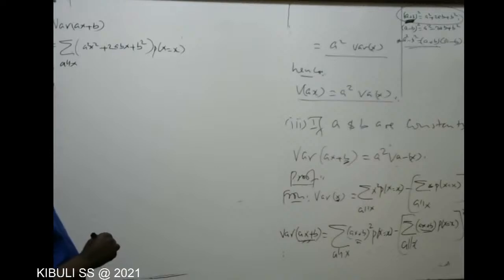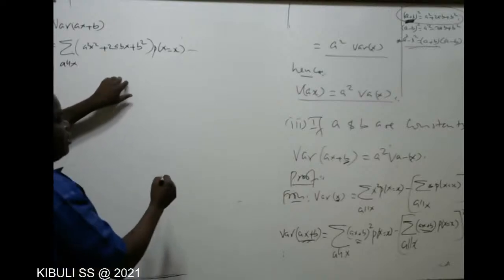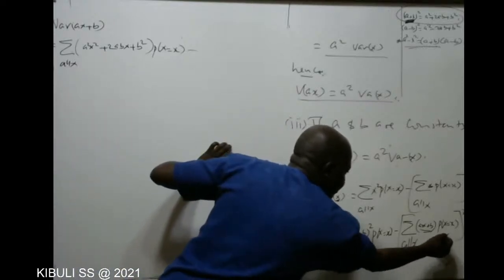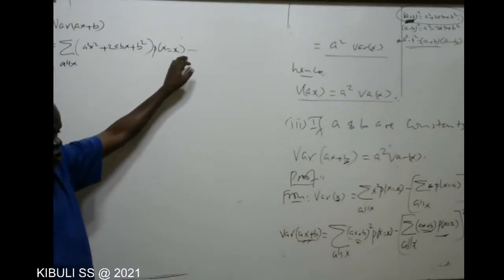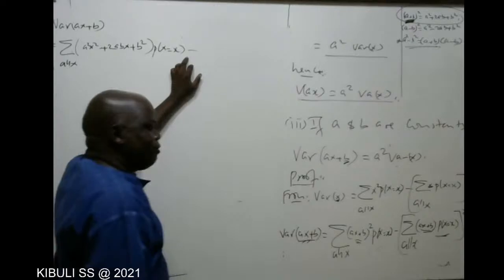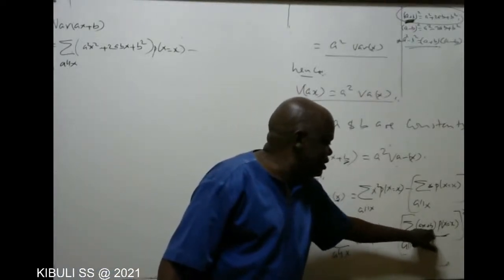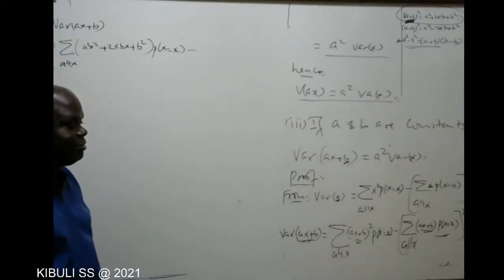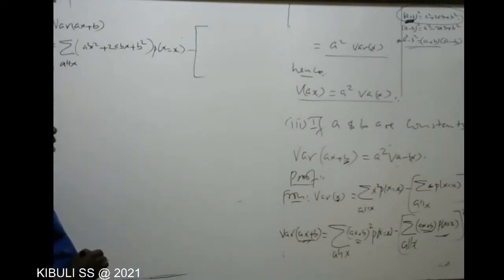Then also, minus this part here. We're also going to expand that. But when we're expanding, we first put this probability into that to be on the safe side. So that will be equal to that bracket.